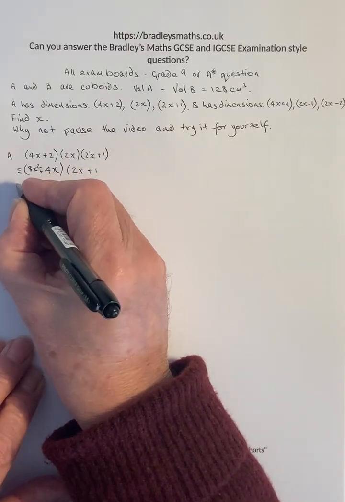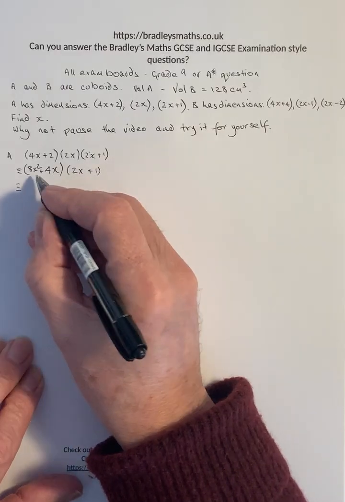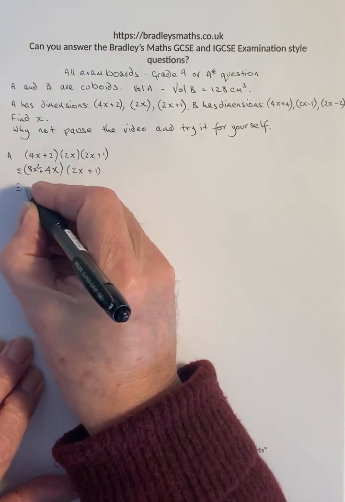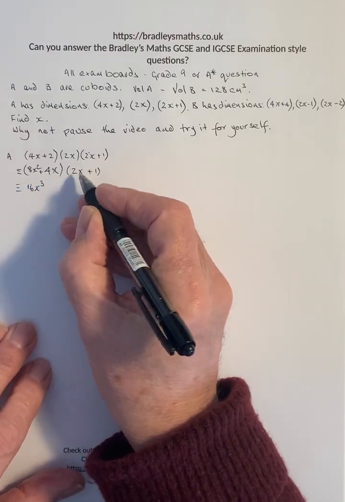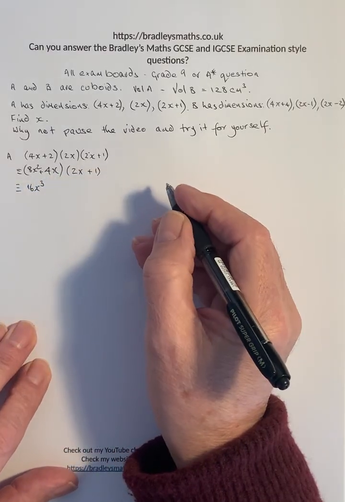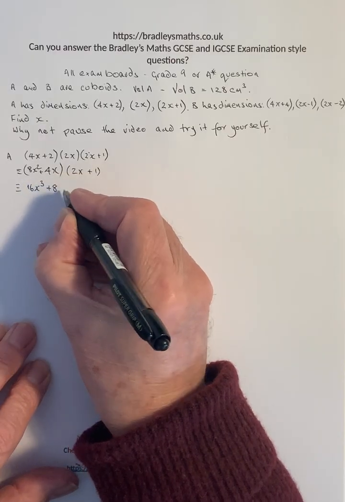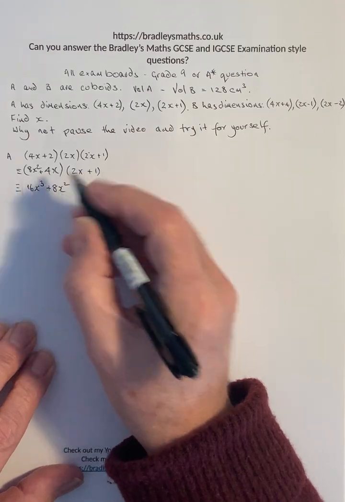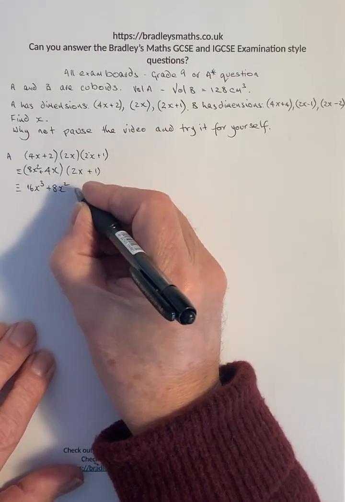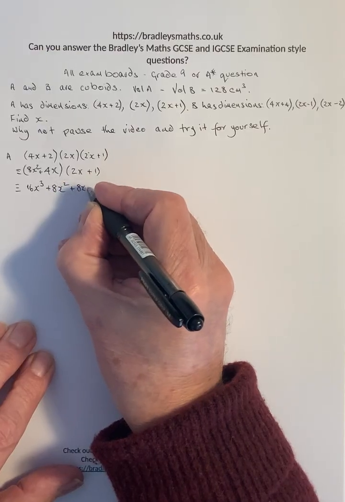So this is identical to 2x times 8x squared is 16x cubed. 2x times 4x is 8x squared plus 8x squared. And 1 times 8x squared is 8x squared.